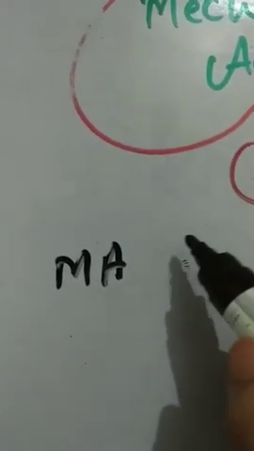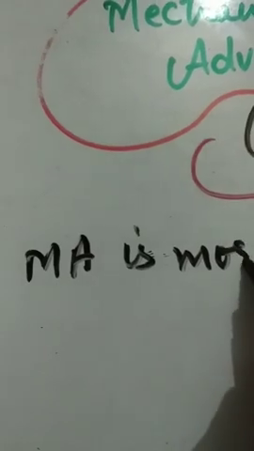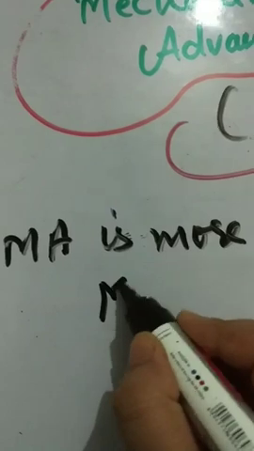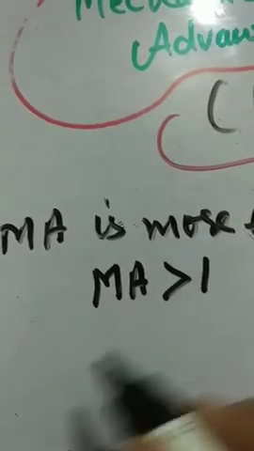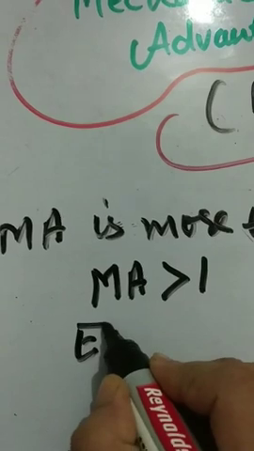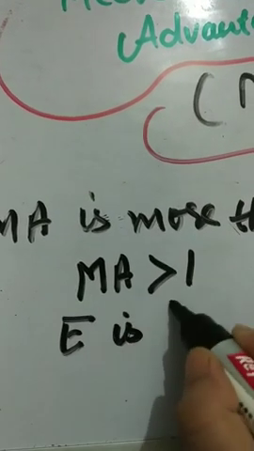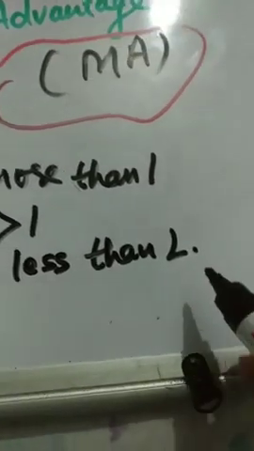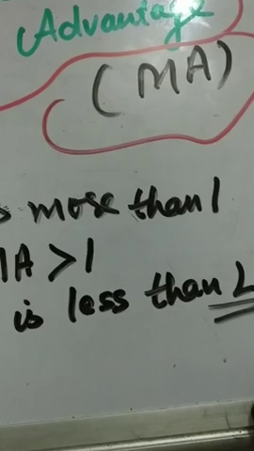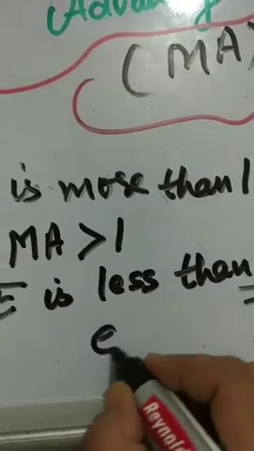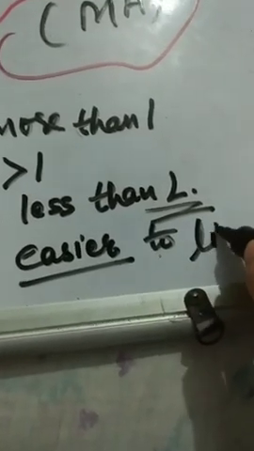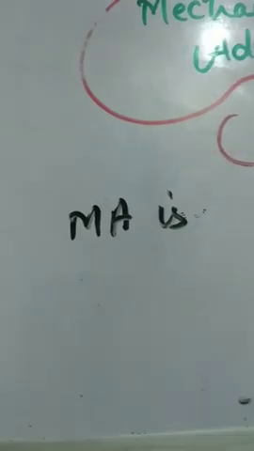So if mechanical advantage is more than 1, it means effort is less than load. So the object is easier to lift.